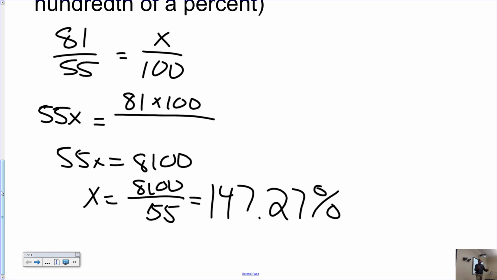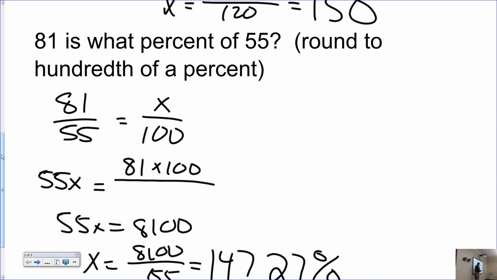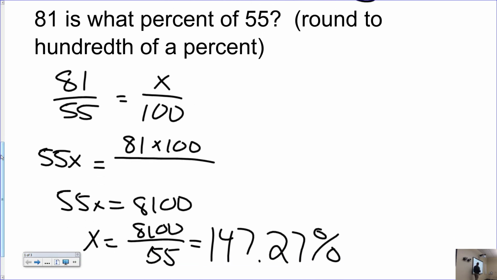Okay. If you would, please, when you are asked to create a percentage, it would be nice if you put the percent sign after your number. Technically, if you don't put the percent sign after your number when it's a percent, it's actually wrong. I tend not to be overly picky about that because I'll ask questions like, what percent is this? And so you say, oh, well, it's 147.27, and since the question asks for percent, it implies it's a percent.